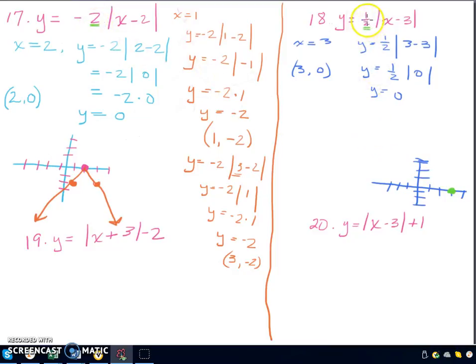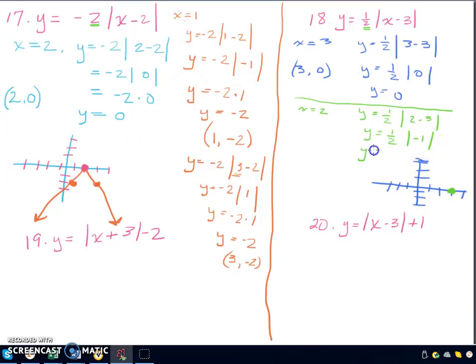So now I'm going to say 1/2. So now let's use x is equal to 2. So when x equals 2, I'm going to plug it into the equation. Y is equal to 1/2 absolute value 2 minus 3. So y is equal to 1/2 times negative 1.